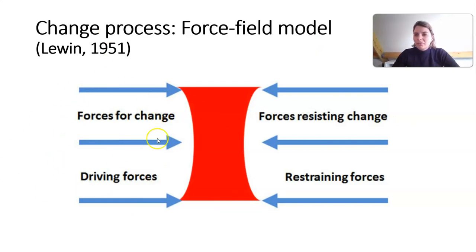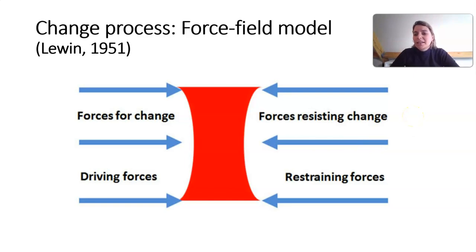focus on the forces for change, the so-called driving forces. So the leader can increase these kind of driving forces, increase incentives, use their position power, for instance, to force the change. The second thing that the leader could do is focus on the forces related to resistance of change, restraining forces.